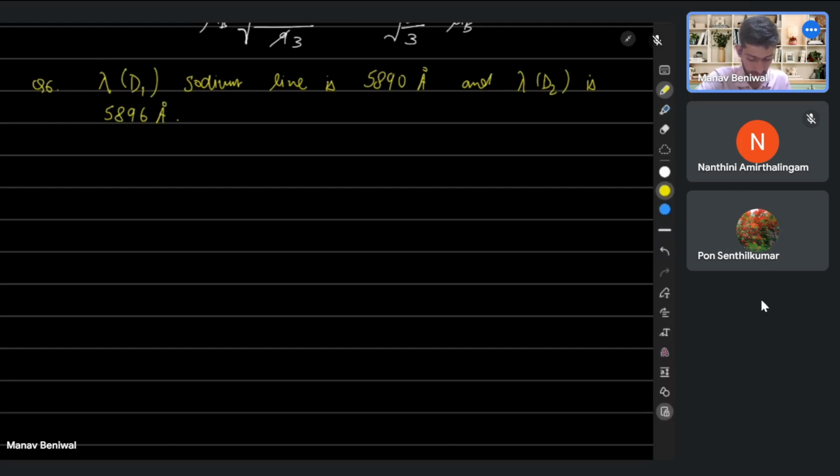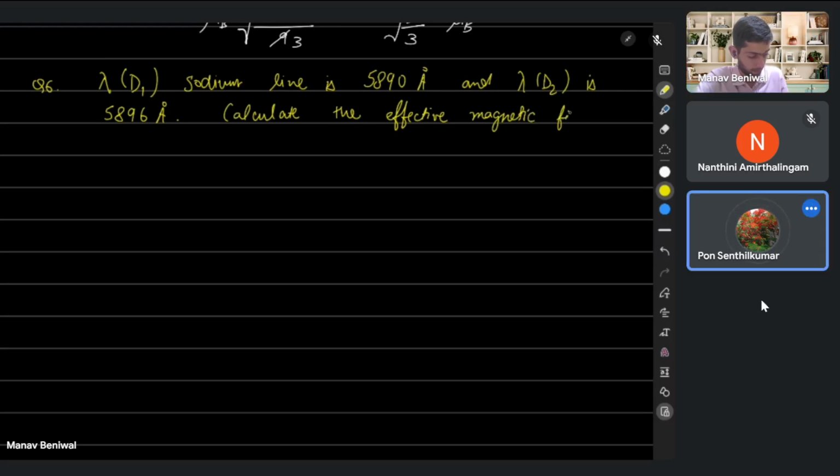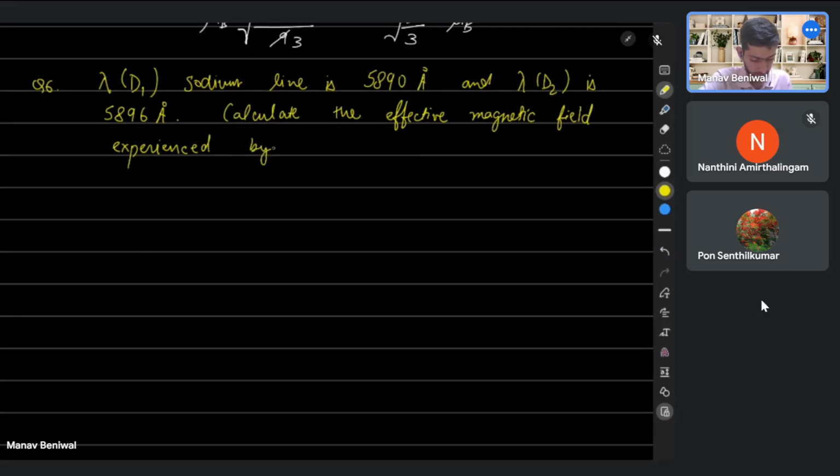Okay, calculate the effective magnetic field experienced by the outer electron in sodium atom.